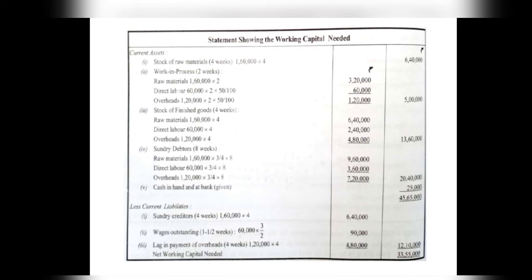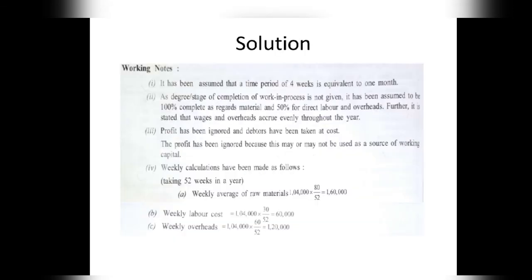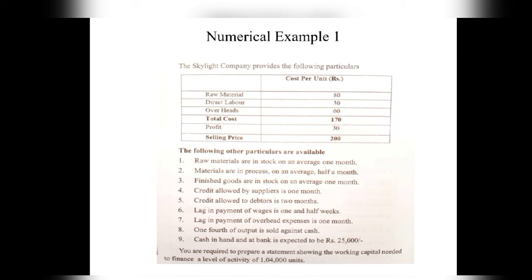Now from these total current assets, we deduct the current liabilities to find out the working capital. Now in the current liabilities, there are sundry creditors. Now in the example, it is given in the fourth point. Credit allowed by suppliers is 1 month. So the suppliers are the people, the creditors from whom we have taken raw materials on credit.